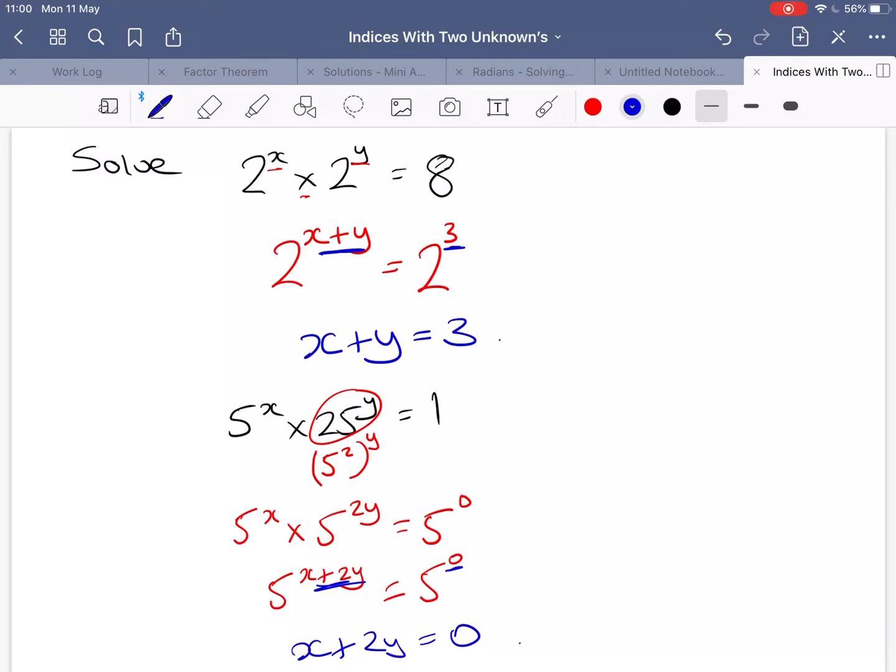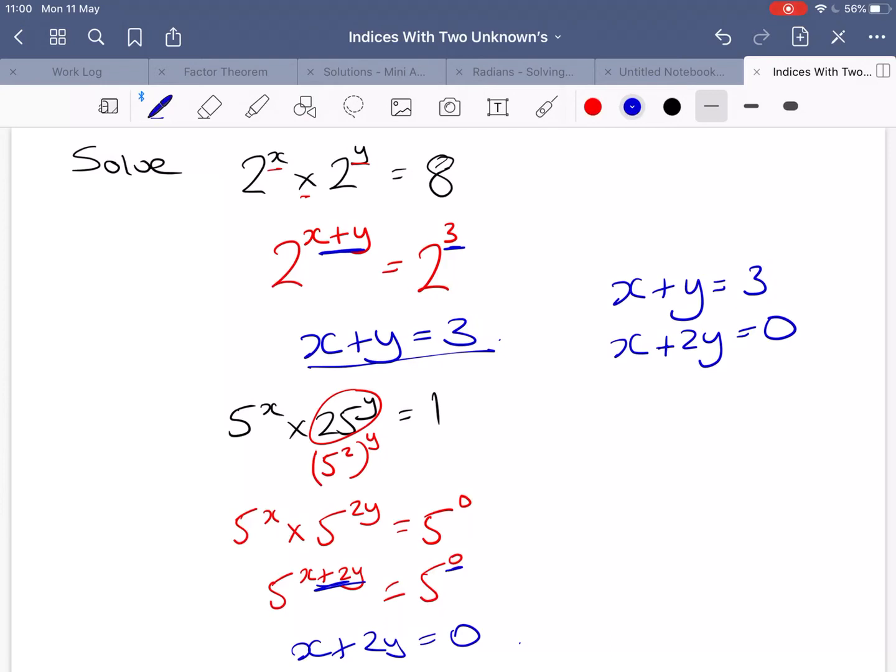And guess what? Now we've got two simultaneous equations, because we've got x plus y equals 3 and x plus 2y equals 0. Now, I'm not going to remind you how to do simultaneous equations. If you've forgotten, go back onto Hegarty Maths and recap how to do simultaneous equations.